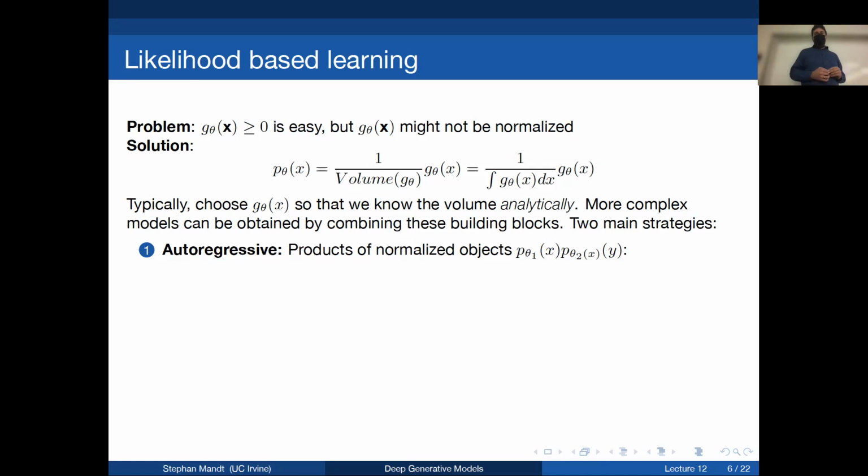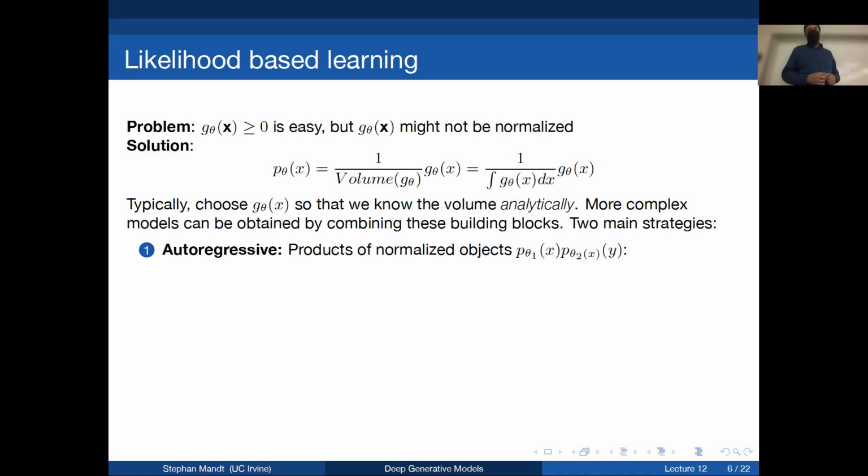So for example, how did we oftentimes make sure that these distributions that we use to parameterize data actually integrate up to 1? One example are autoregressive models that we discussed pretty early on. An autoregressive model uses the chain rule of probability to write a joint distribution over x and y as a product of a distribution over x and a conditional distribution of y given x.